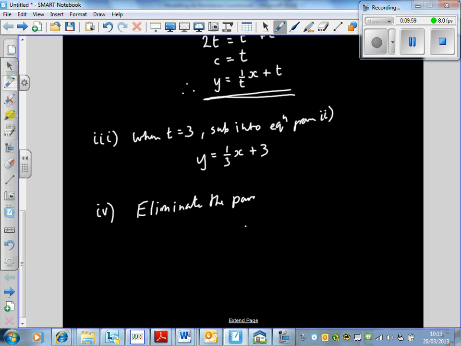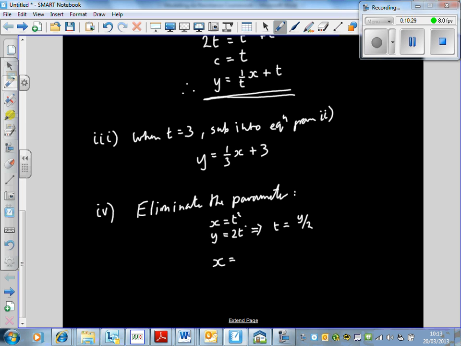That's what we did yesterday. x is t squared, y is 2t. Which equation is easier to rearrange for t? y. Okay, so from here we have that t is equal to y over 2.